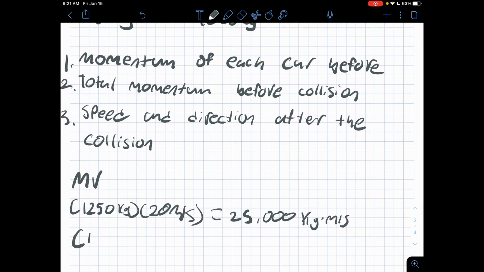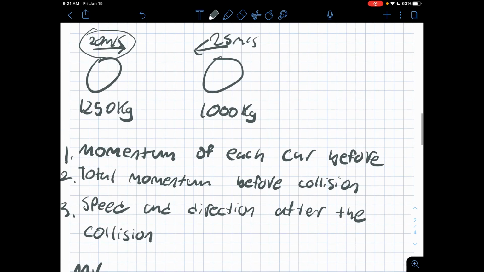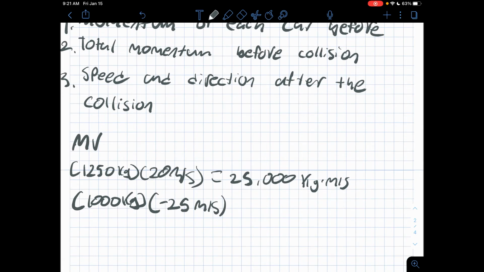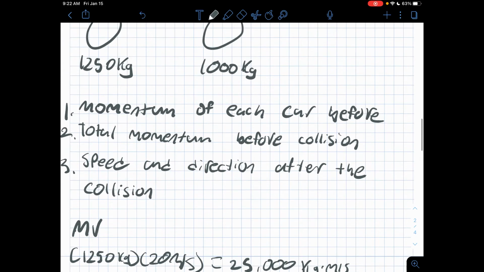And you do the same thing with the other one. You get 1,000 kilograms, and this time, since it's going in the other direction, we make it negative 25 meters per second. And then you simply multiply them out, and you're left with negative 25,000.